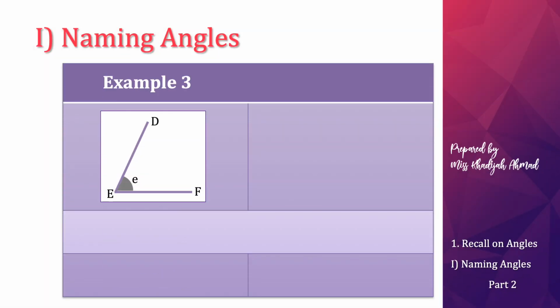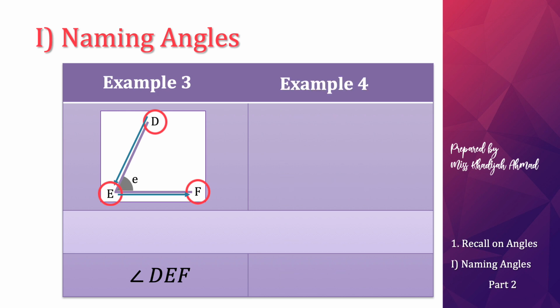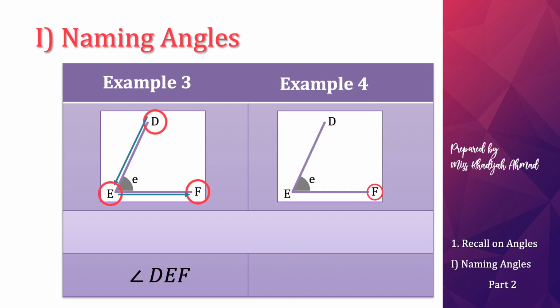In example 3, you start from letter D and follow the line, and reach letter E in the middle, and continue following the line, and reach letter F. That is how the angle is named DEF. Similarly, in example 4, you start from the bottom, letter F, and follow the line to reach letter E in the middle, and continue by following the line and reach letter D. That is how the angle is named FED.